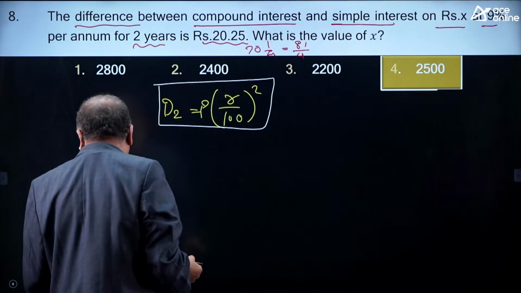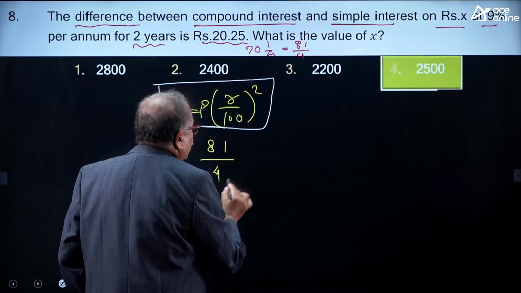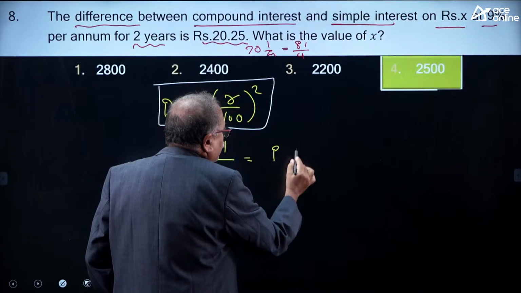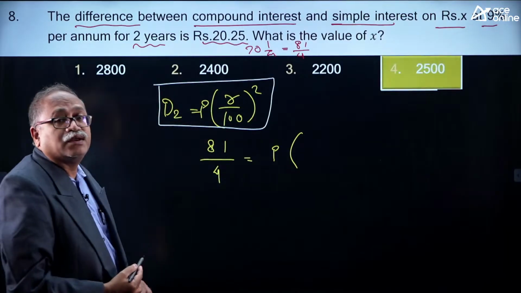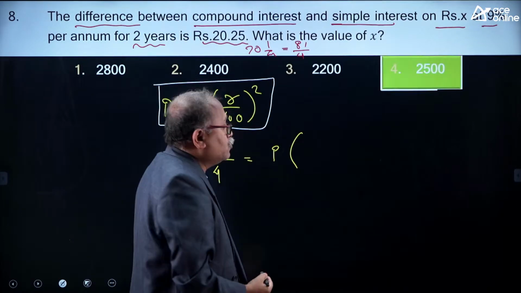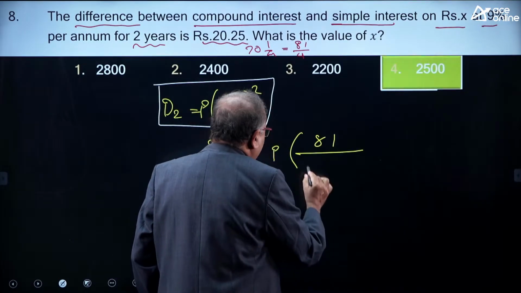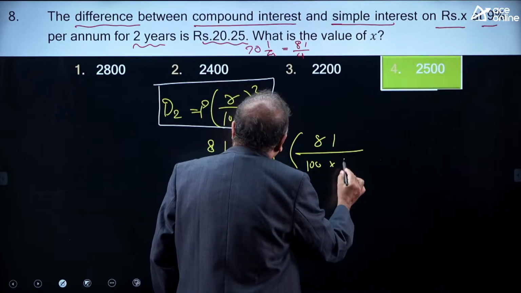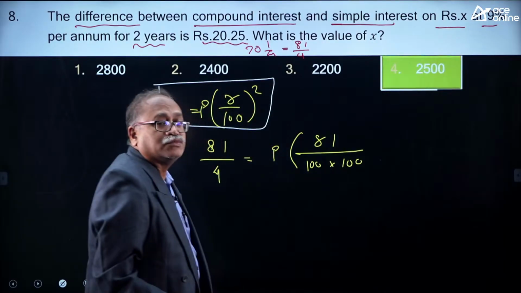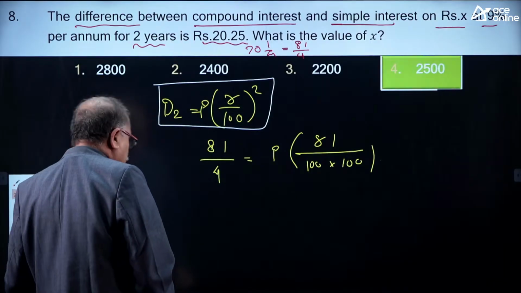So, can I directly write this as 81 by 4 is equal to P into, what is R? 9. So, 9 by 100 to the whole power 2, that comes to 81 by 100 into 100. So, I noticed that here.